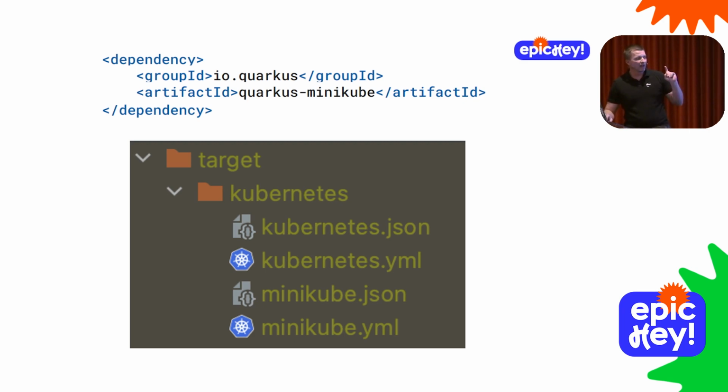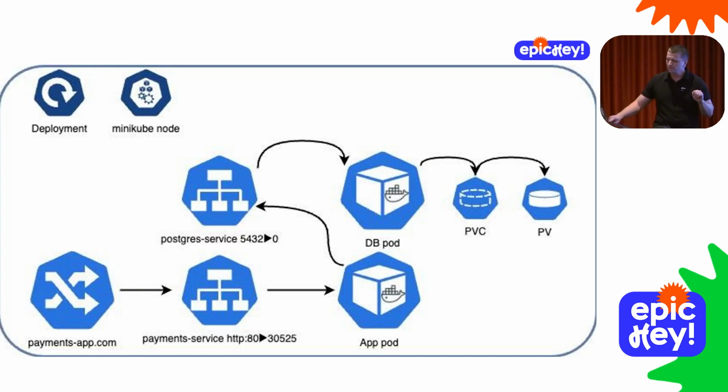So when you apply this configuration to your local host, you will see an infrastructure like this. When I have my app running inside the pod, it can talk to my database via service. It persists some data in my host. I have an ingress controller with customized name in config file that actually talks to my application, and it's all in one single node.